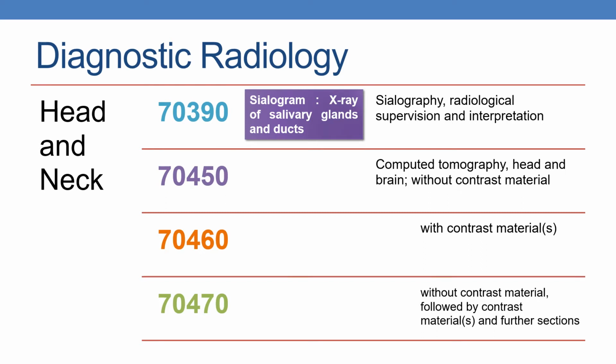70460 is CT, head and brain with contrast. 70470 is CT, head and brain without contrast, followed by contrast material and further sequences or sections.